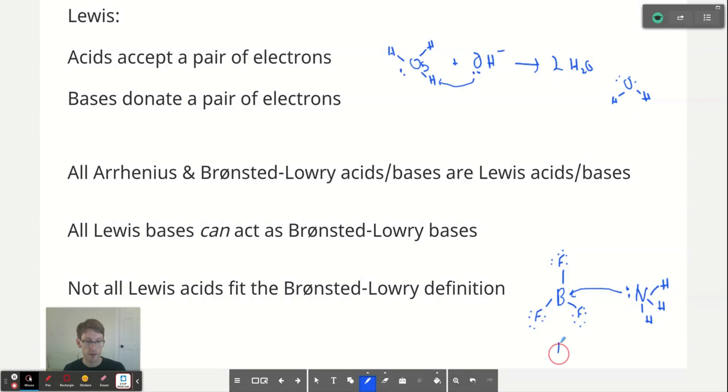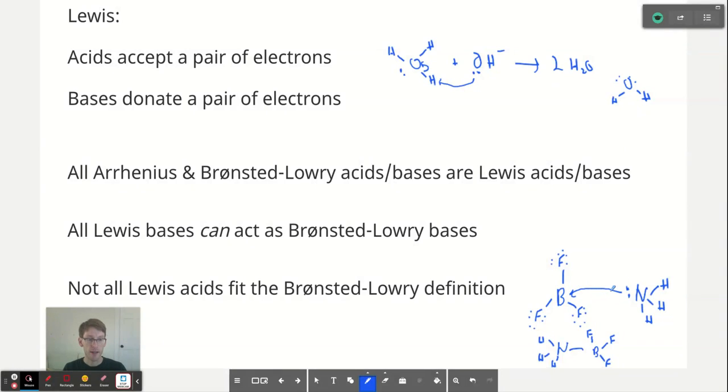So we end up with this complex, N with 3 H's bonded to boron with 3 F's. This is a very reasonable product to have, and it comes from B acting as a Lewis acid, something that is accepting an electron pair.